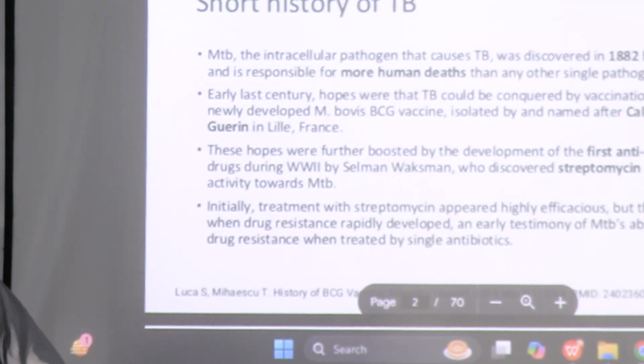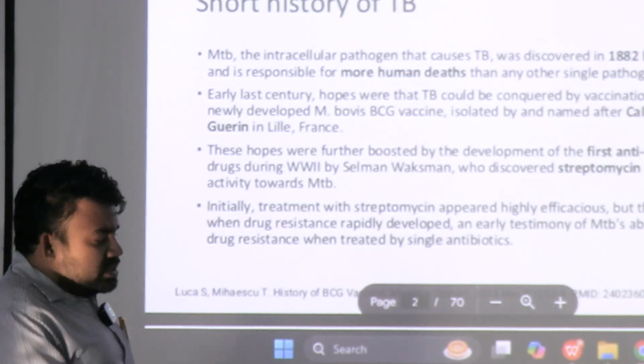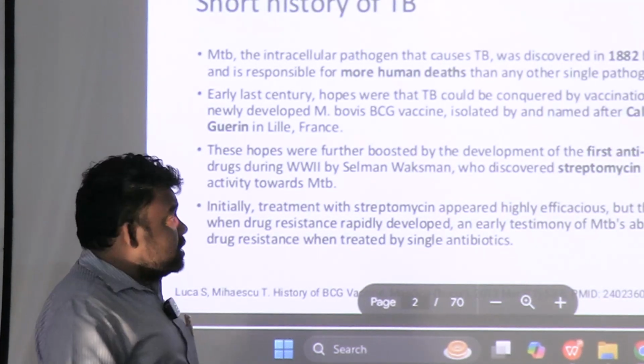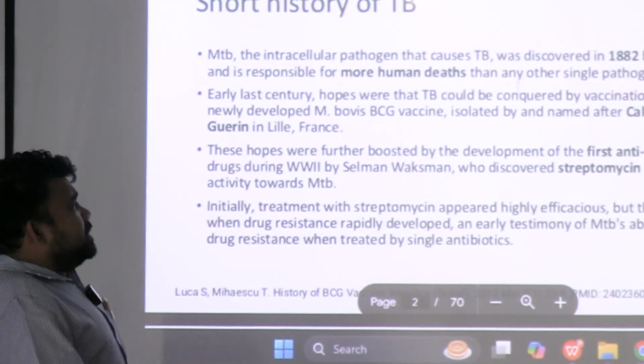So again, at that point of time in the history, people started developing vaccines against many diseases. So an obvious attempt was made to make a vaccine against tuberculosis. Until now, the most prominent vaccine that has been used is BCG. Now, what is BCG?